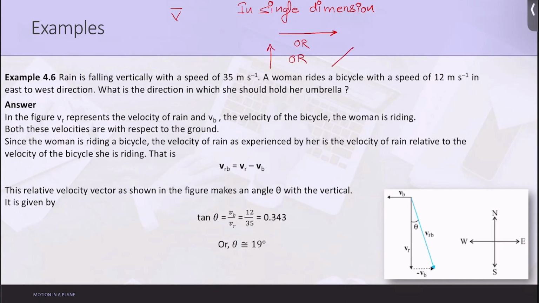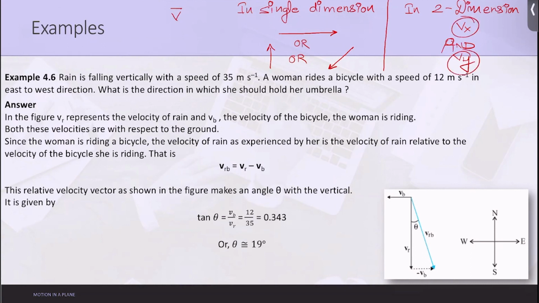What is the only addition being done here when we are writing VAB is equal to VA minus VB? In two dimensions, the only thing that changes is that the velocity vector is divided into two components, such that we are working with Vx and also with Vy.